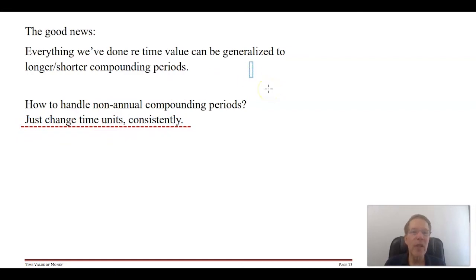So the future value formula, the fundamental discounting equation, all the closed form equations that we've looked at, they're all going to work. We're just going to have to be very, very careful to change our time units consistently in our interest rates and in T, right? So in R and T. So we're going to need to be careful about that.